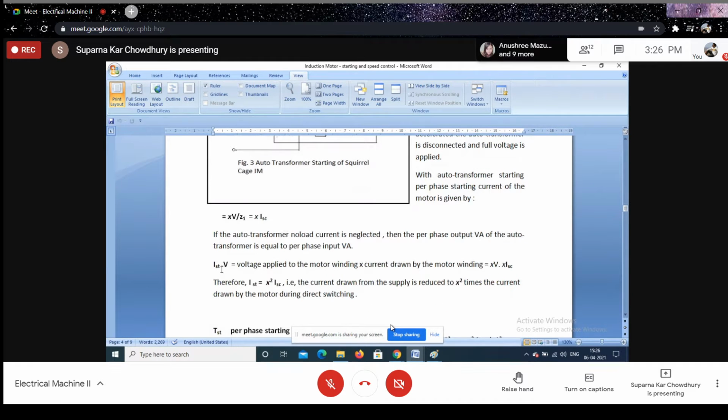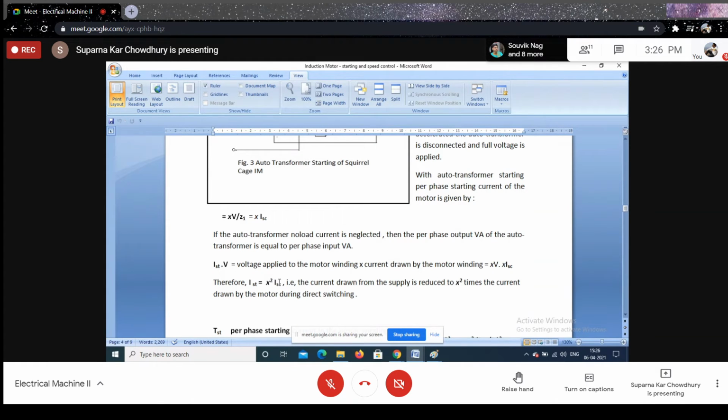So input VA will be I starting into V. That is equal to the voltage applied to the motor winding into the current drawn by the motor winding. The voltage applied to the motor winding is XV. Current drawn is X into I short circuit. So I starting is here equal to X square I short circuit.